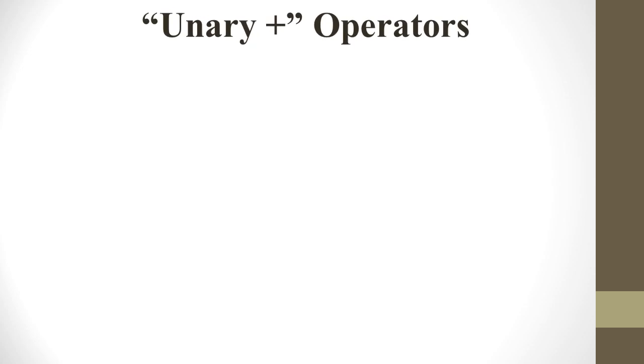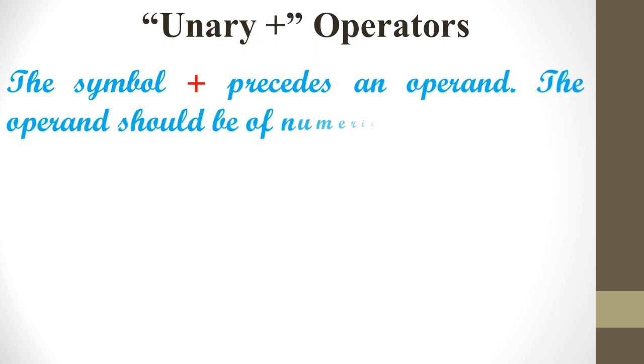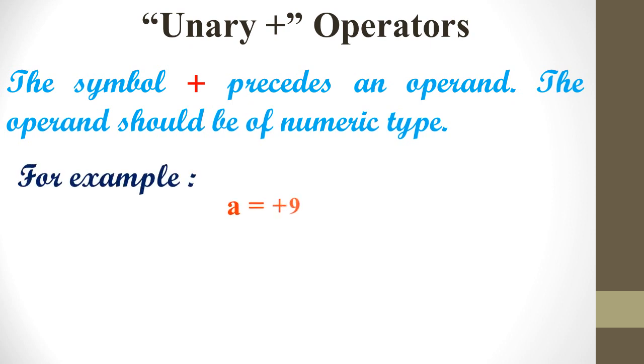Unary plus operator. The symbol plus precedes an operand. It means you can use the plus symbol before an operand, and the operand should be of numeric type. For example, a equal to plus 9. Here 9 is an operand and a is a variable.